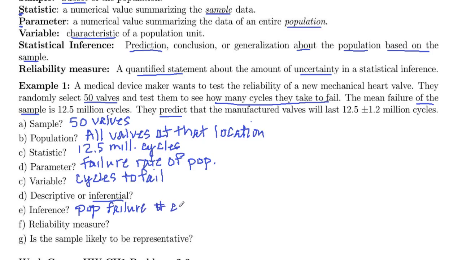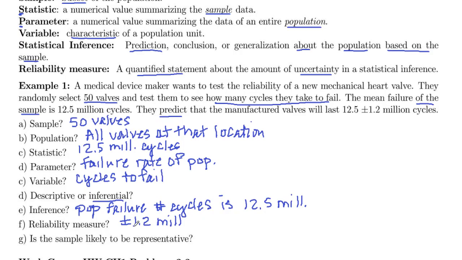number of cycles is 12.5 million. And we could attach, now the reliability measure is going to be the plus or minus 1.2 million cycles. So plus or minus 1.2 million, that tells us how reliable our estimate is, how reliable the 12.5 million is.